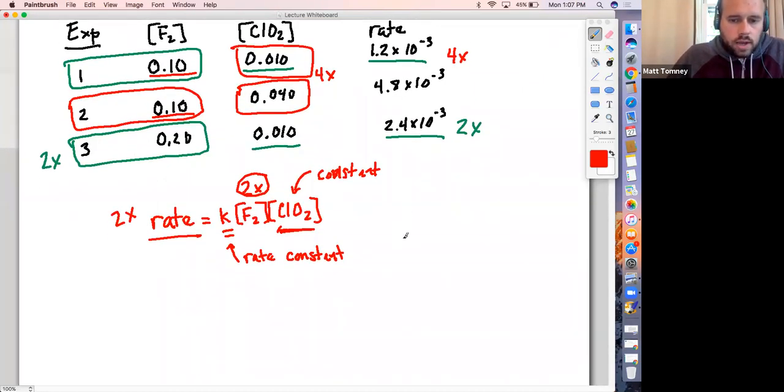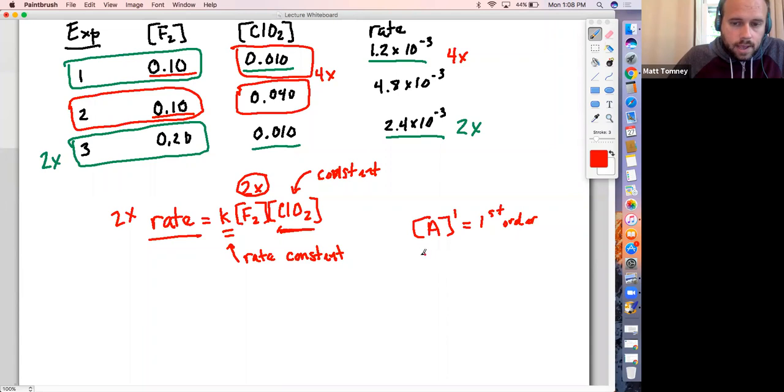Now, we were talking a second ago about the order. So the order simply is going to refer to the exponential factors that are found with each concentration. So if something is found in your rate law, I'm just going to use a common example A here, and it is raised to the first power, or there's an implied 1 there, we're going to call this first order.